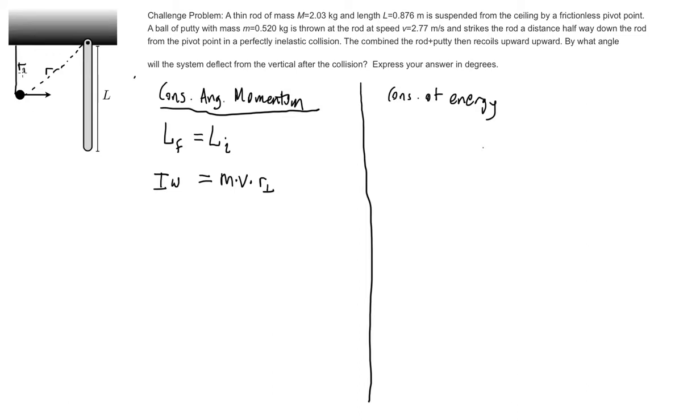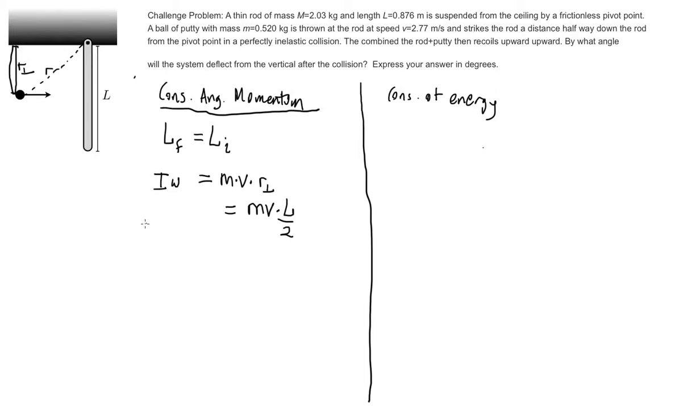You should be able to see that r perp, because it's coming in at L over 2, is just going to be L over 2. So this is the mass times the speed times L over 2, and that's the angular momentum of the particle coming in.